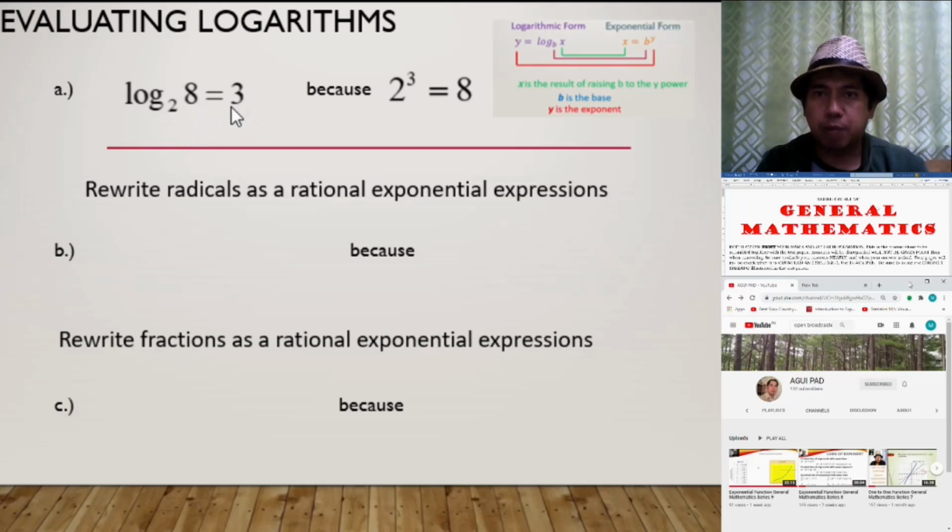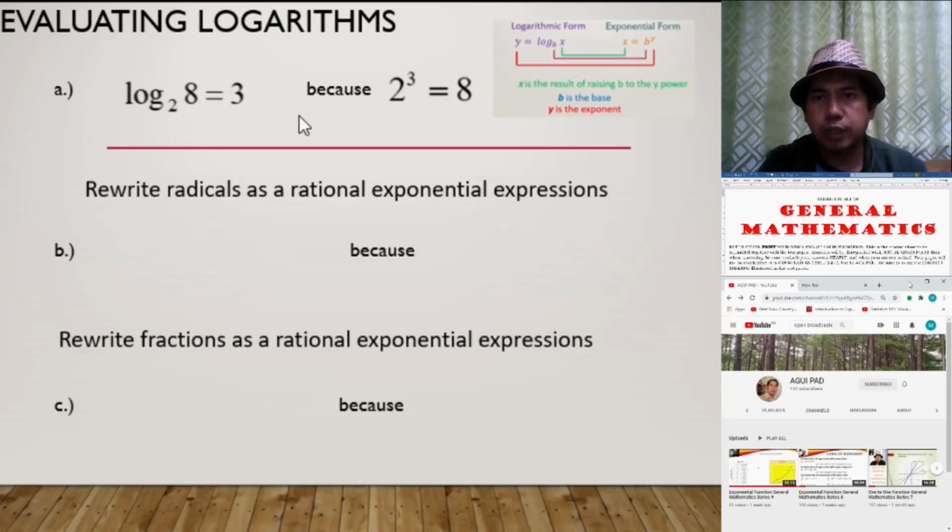Considering our pattern in the logarithmic form, the 3 is the y, the 8 is our x, and the base is always the base.